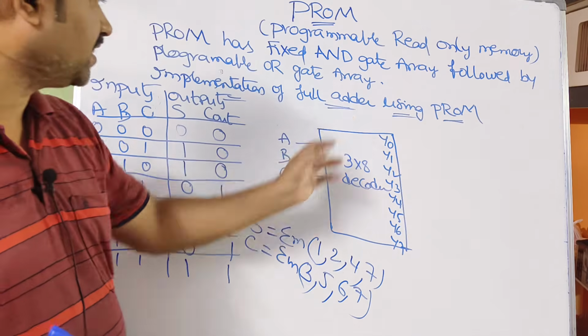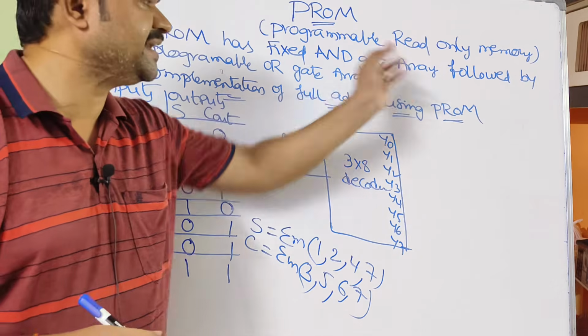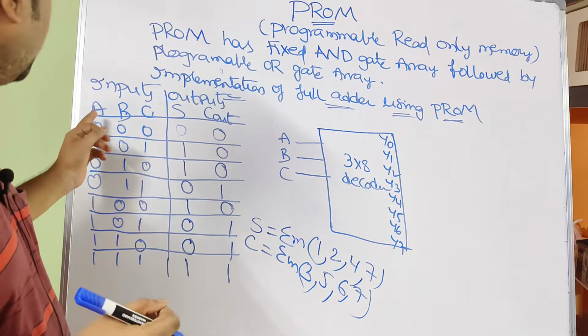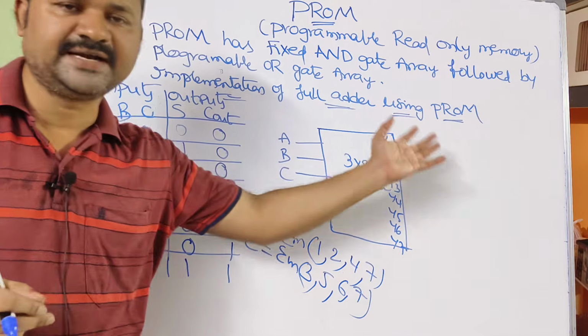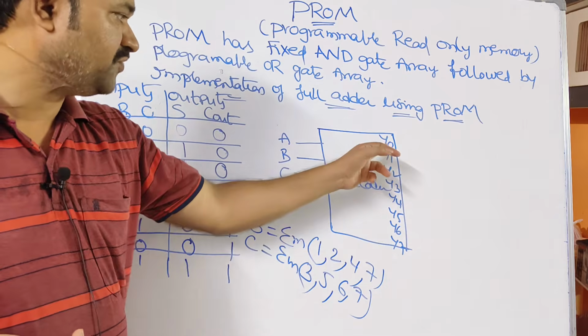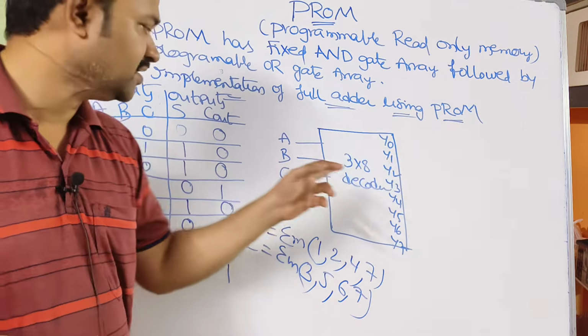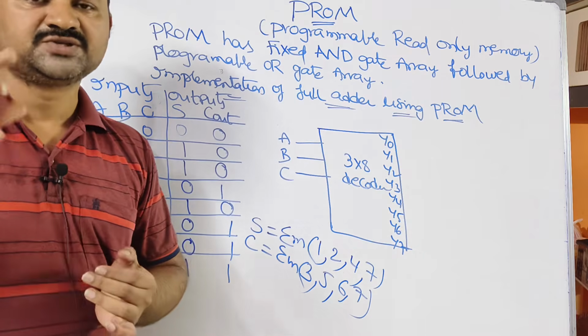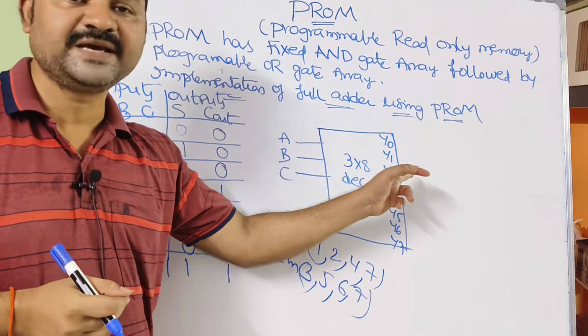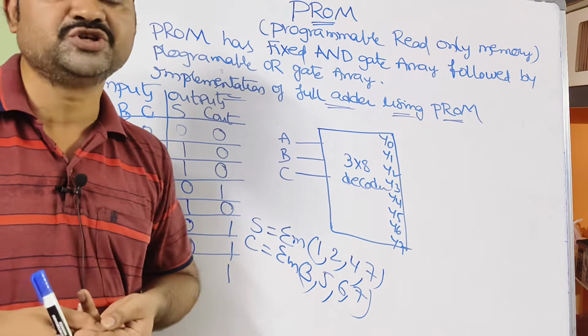Here we have a fixed AND gate array, which means in PROM we will use a decoder. We know the decoder is internally implemented with the help of AND gates only. Y0 will be active when the inputs are 000, so an AND operation is performed on 000. Y1 will be active when the inputs are 001.